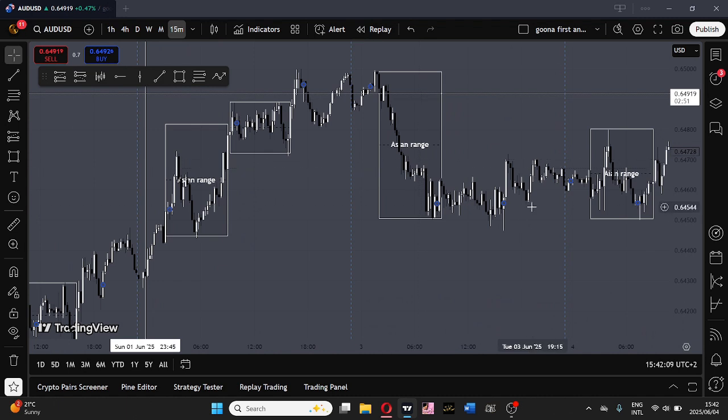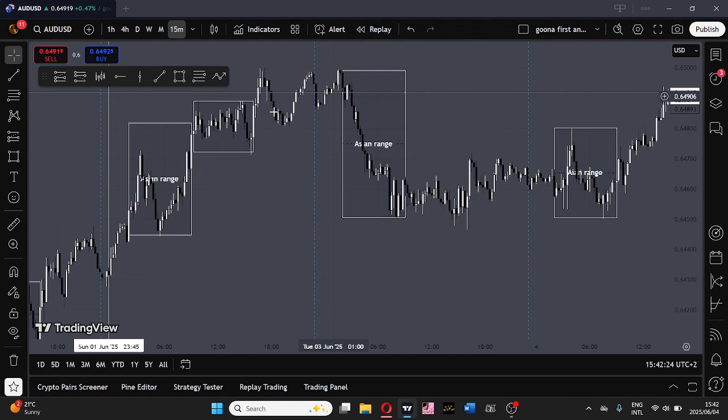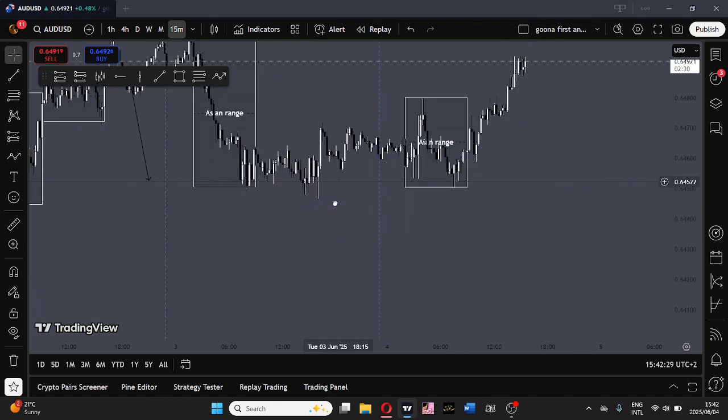I was using a ranging currency pair just for you to see how to mark it out. After that, there was no impulse move to the downside. As you can see, there was nothing there.